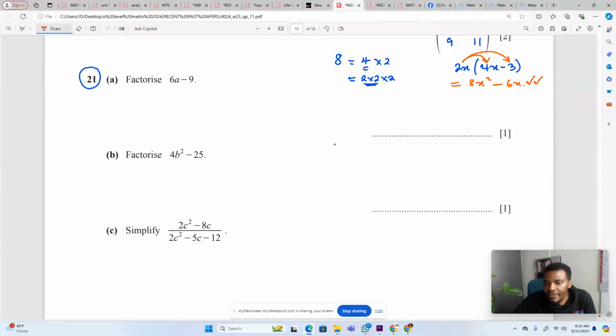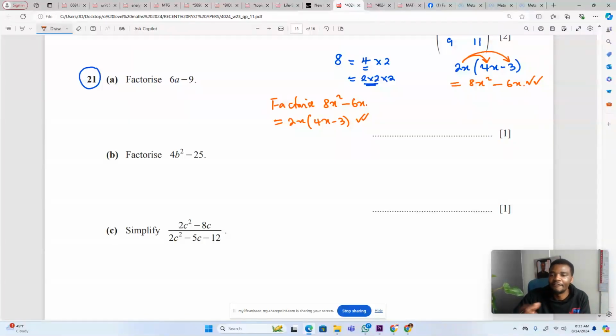So look at this expression that I have. I can even say now, factorize 8x squared minus 6x. So for you to factorize 8x squared minus 6x, by the end of the day, the answer will be 2x open brackets 4x minus 3. So this is what we get if we factorize 8x squared minus 6x.